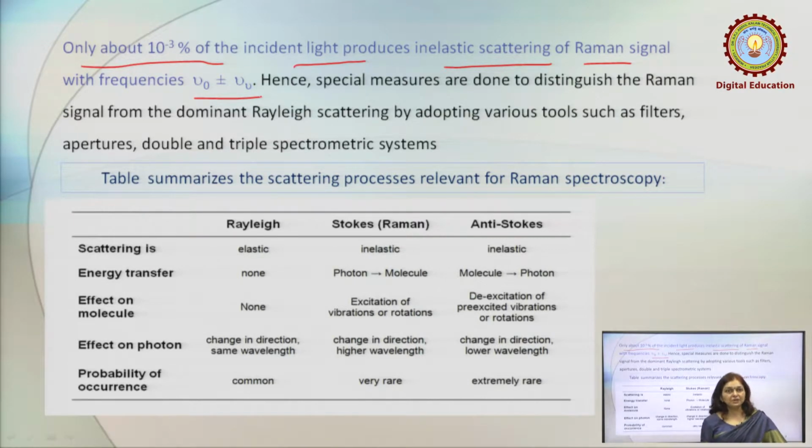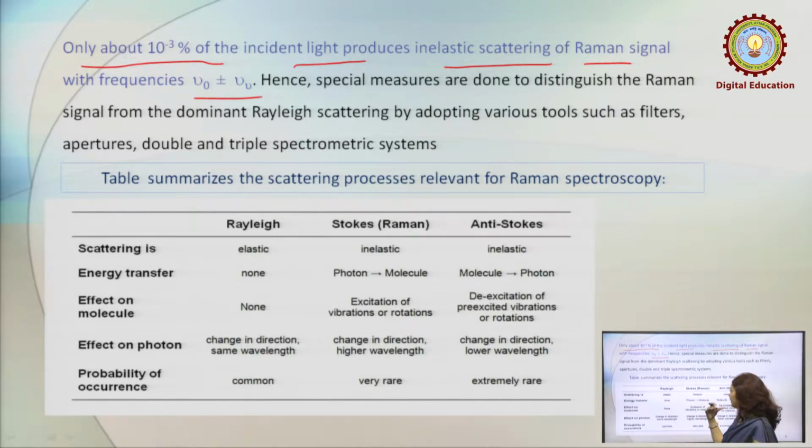Hence, special measures are taken to distinguish the Raman signal from the dominant Rayleigh scattering by adopting various tools such as filters, apertures, and double and triple spectrometric systems.